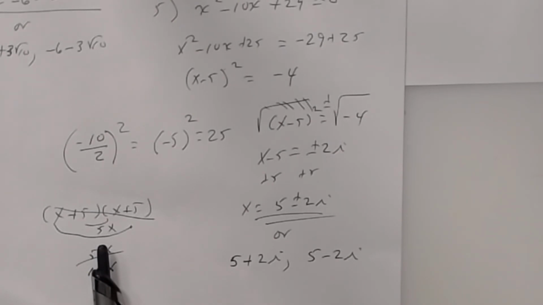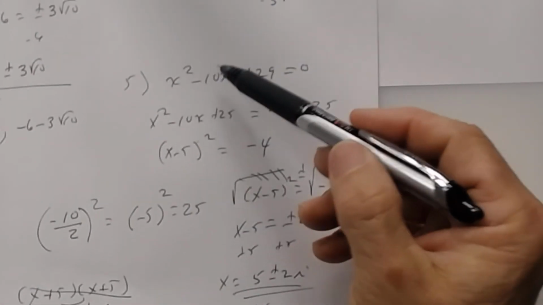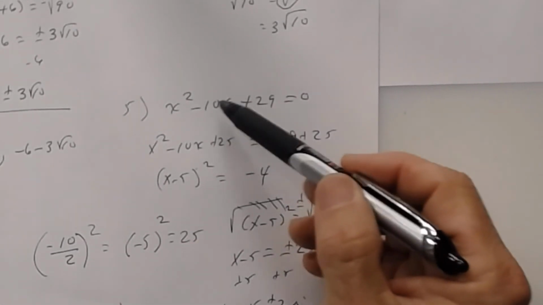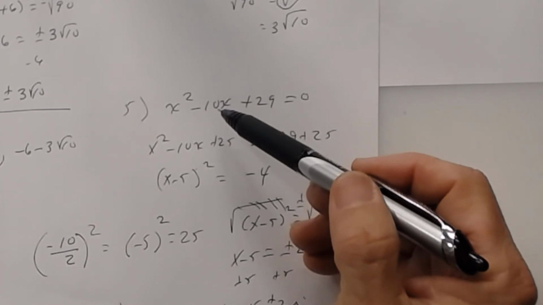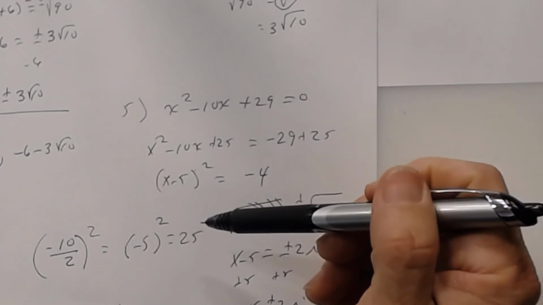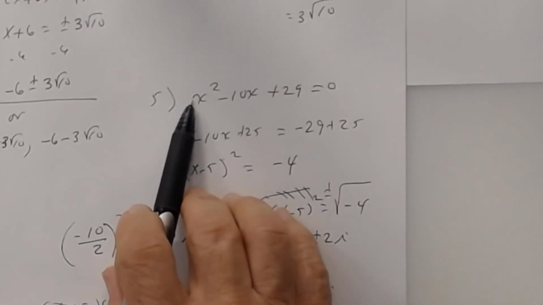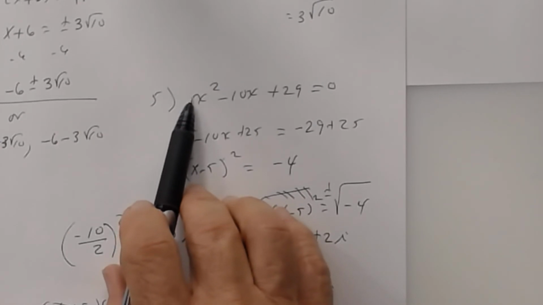Not that bad. Now, Monday, we're going to do one where the coefficient of x is not even. So you can see what that's going to look like. Then we're also going to do one where the leading coefficient is not 1. Just to show you what's to be. But neither of those will be on the test. I'm not going to ask you anything with completing the square on the test.